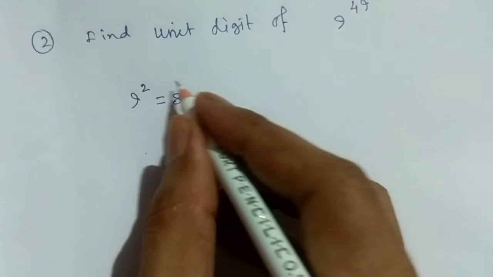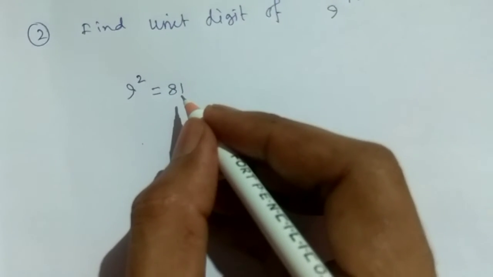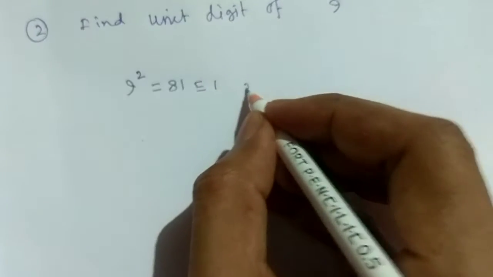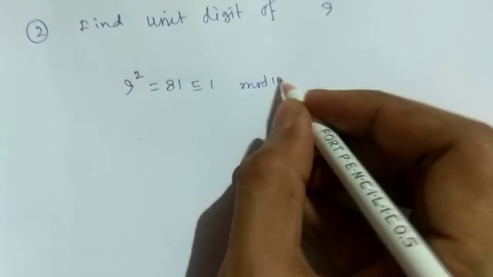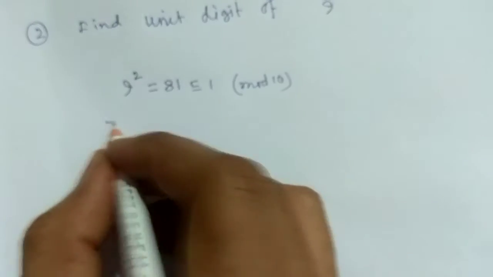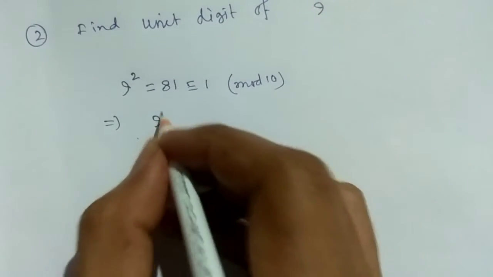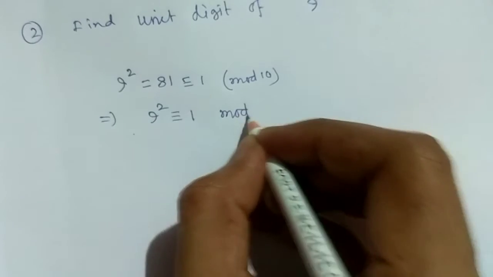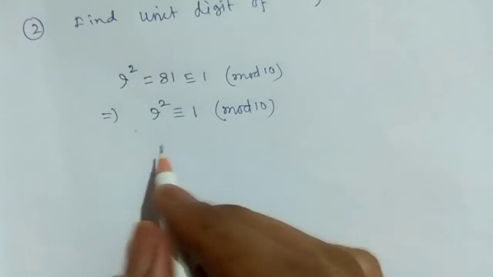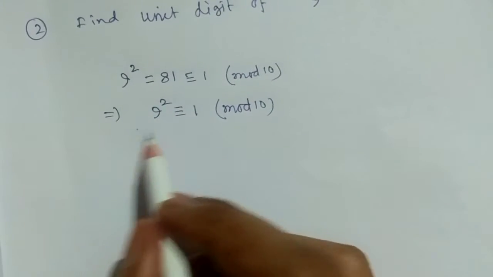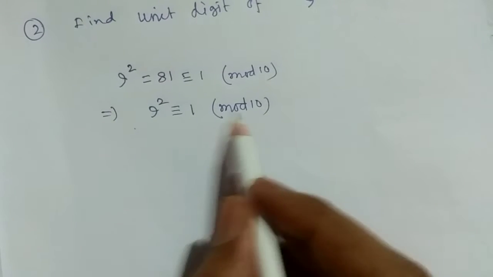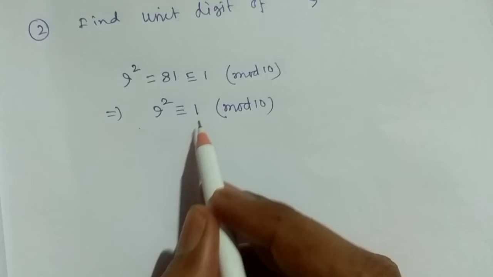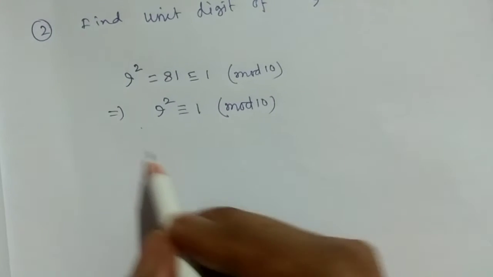If we divide 81 by 10, the remainder is 1, and we write it like this: 9 squared is congruent to 1 mod 10. This means if we divide 9 squared, that is 81, by 10, 1 will be the remainder.